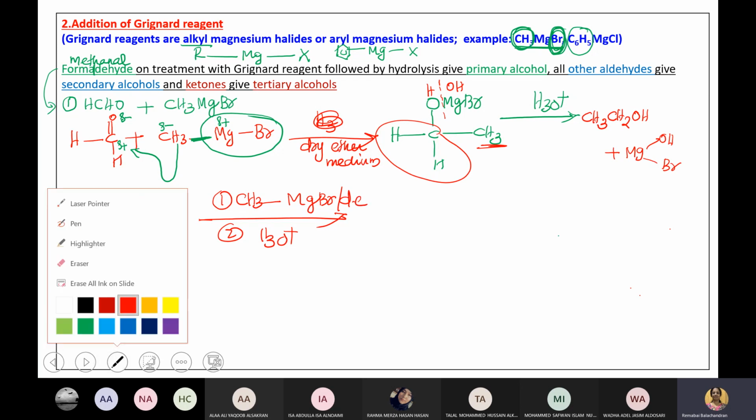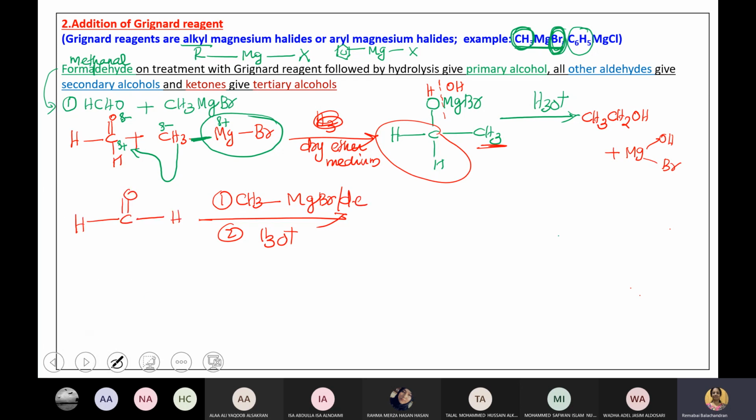Now the O will become OH, and whatever group is in the Grignard reagent will come to the carbon. So what's the product? CH3CH2OH.